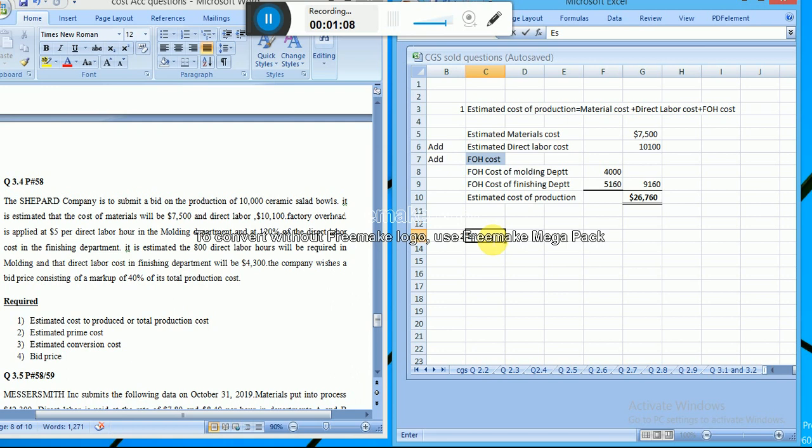So estimated prime cost is equal to estimated direct material cost plus estimated direct labor cost plus direct expenses.